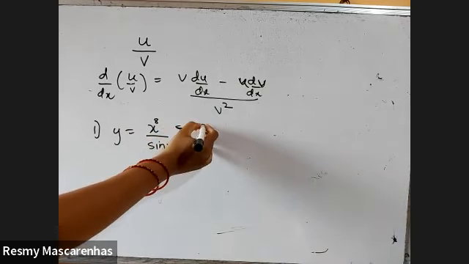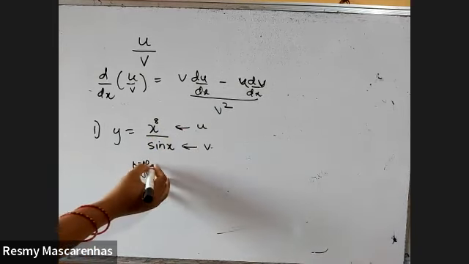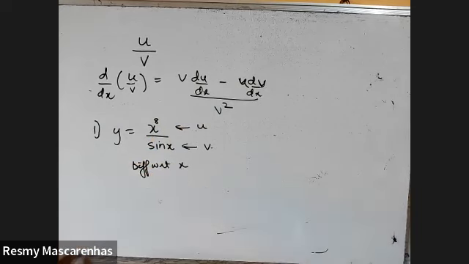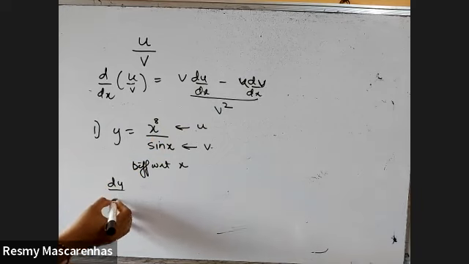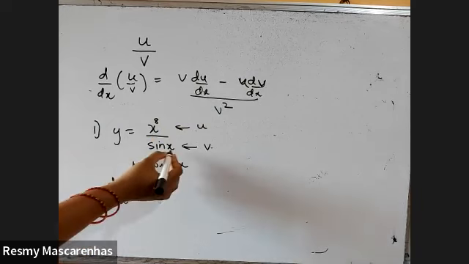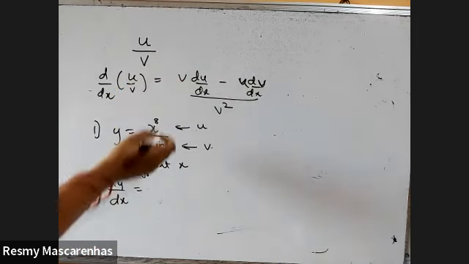So this is u, this is v. When you differentiate, what you have to do is basically copy paste the denominator as it is.